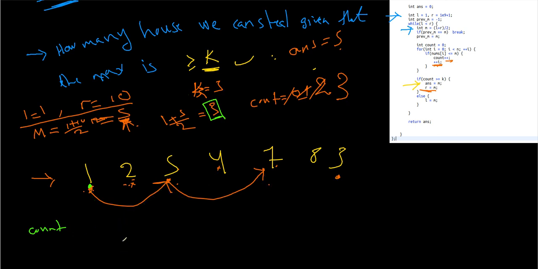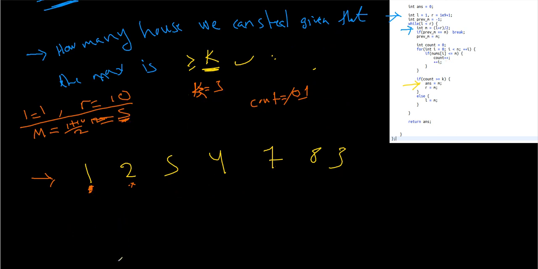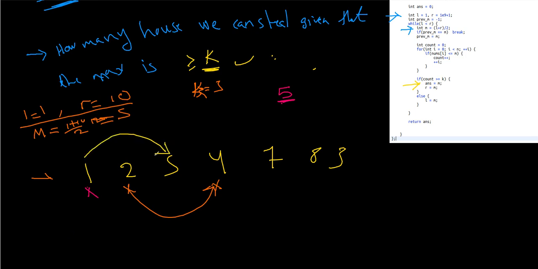Notice that while iterating to see how many houses we can steal, when we had the value 5, 1 is less than 5, and we steal this house. You might ask why we don't steal this one, then this one, like this, instead of stealing these 2 houses here.